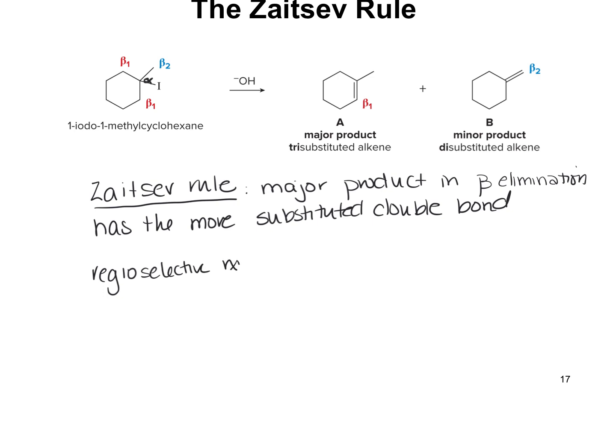Now, a regioselective reaction, well, let me say this. A reaction is regioselective when it yields predominantly or exclusively one constitutional isomer when more than one is possible.